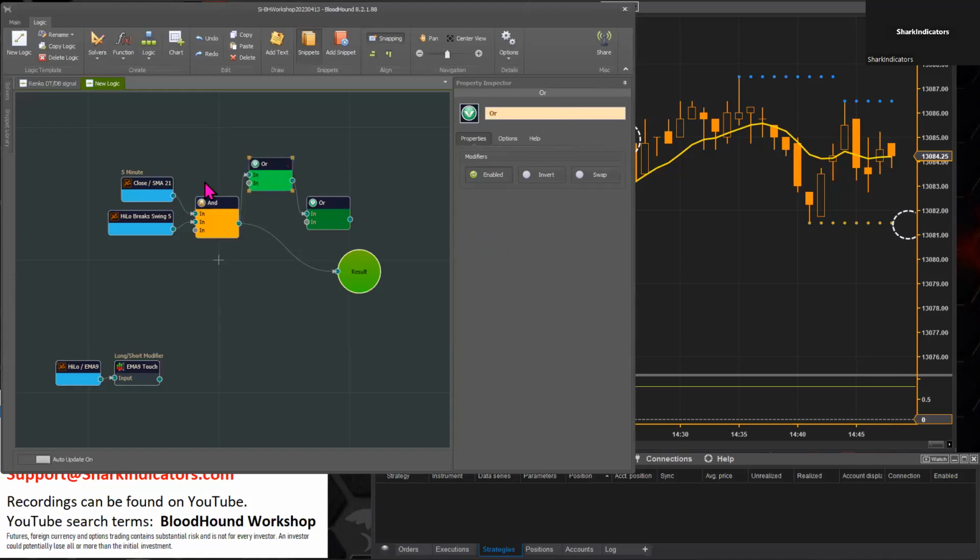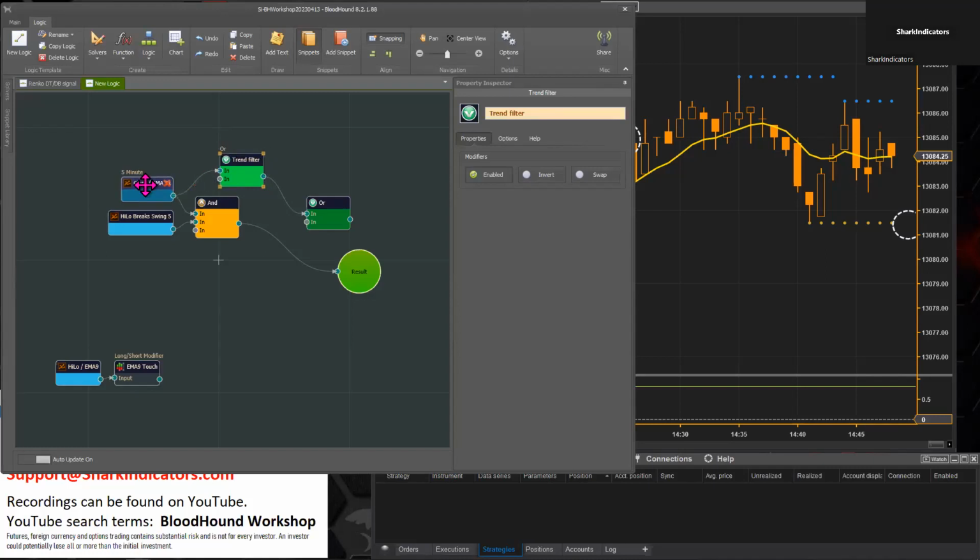So I want to be able to see the trend filter. So we just call this trend filter.